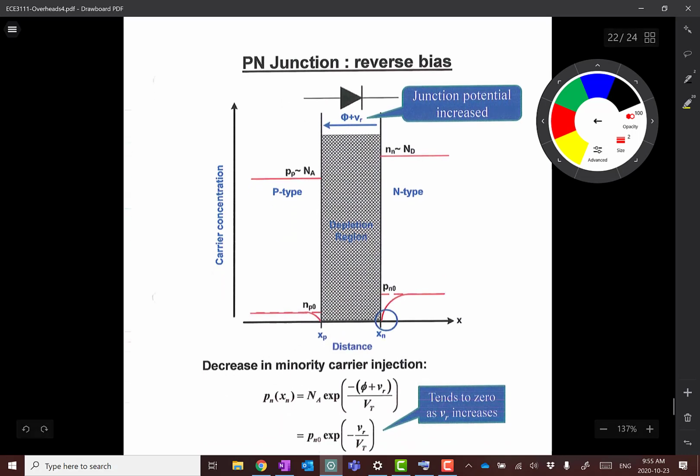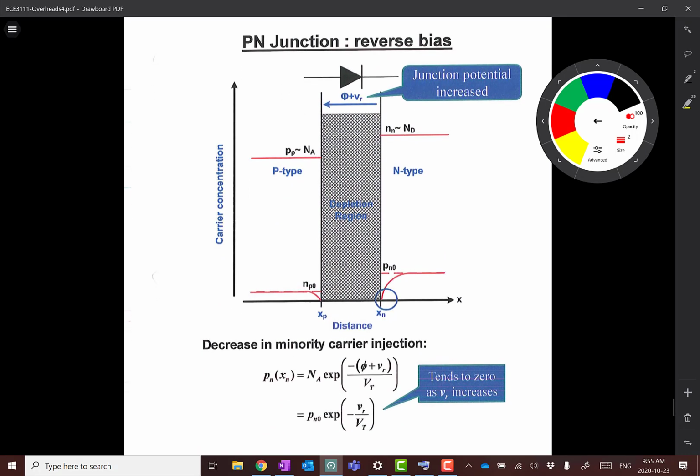And in fact we can look at this a little bit further, if we want to look at how the carrier concentration is impacted by this increase in effective junction potential.